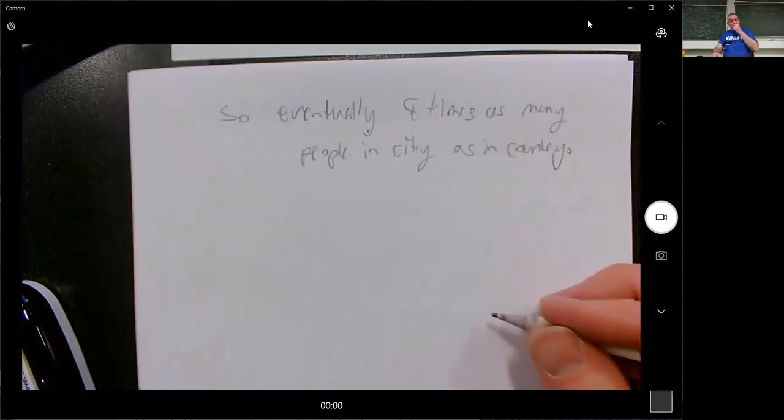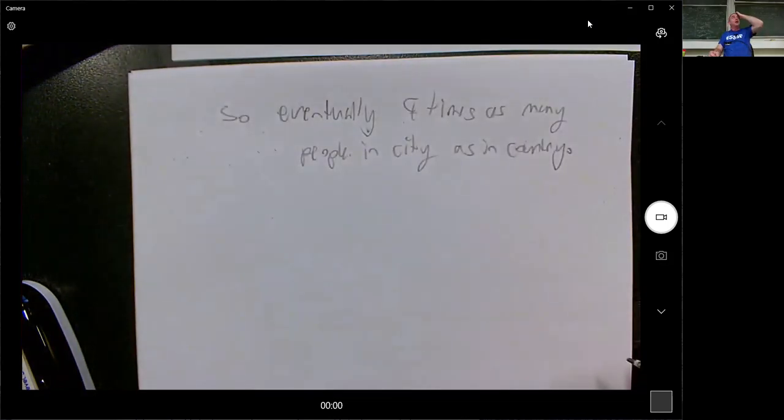So that means that it'll be like 20% in the country and 80% in the city, because they have to add up to 100%.